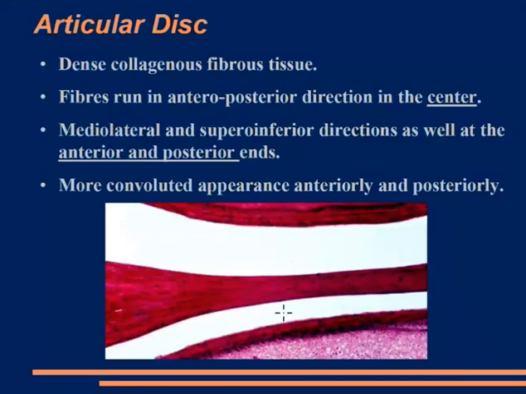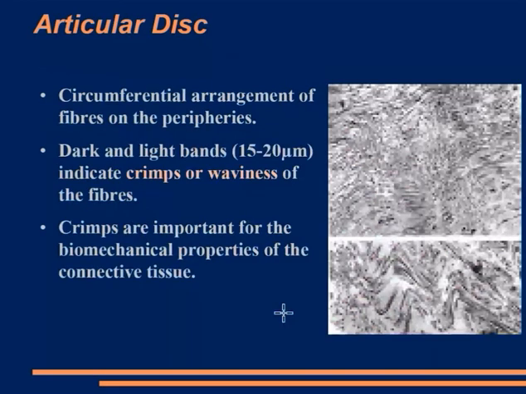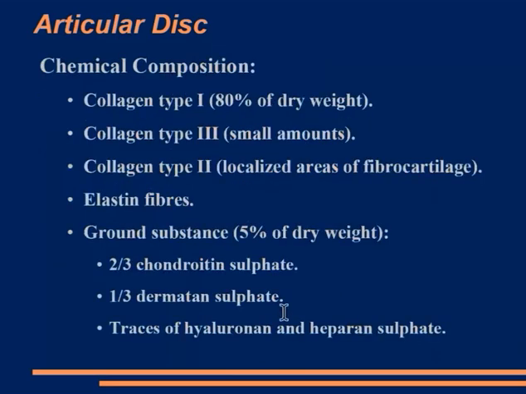Here is where the ground substance is. Here is the chemical composition. So type 1, type 2, sorry, type 2 is also localized in some areas, especially the middle area. Elastin fibers, and the ground substance, which is 5% of dry weight.